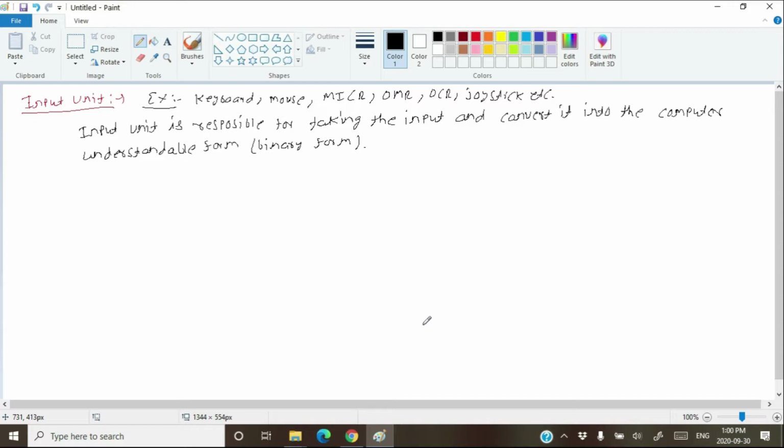But just remember that whatever you input through the input devices first gets converted into the computer understandable form, that is the binary form, and that is also the responsibility of the input unit, to give a good input to the computer. The user types A and the input unit gives the binary of 65 to the computer. That's the responsibility of the input unit.